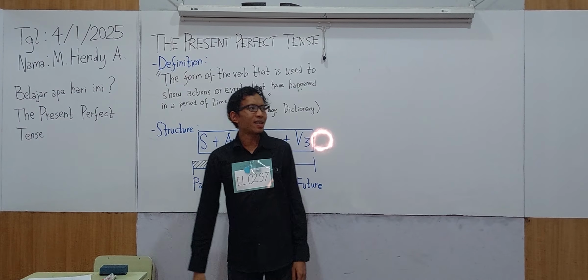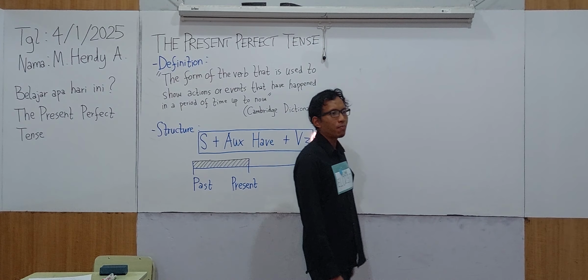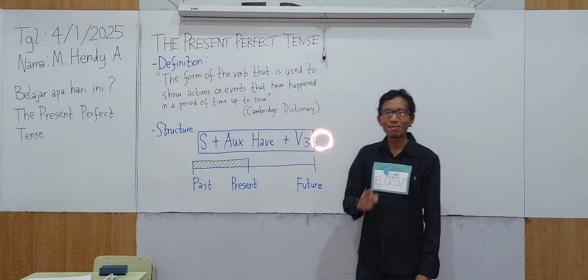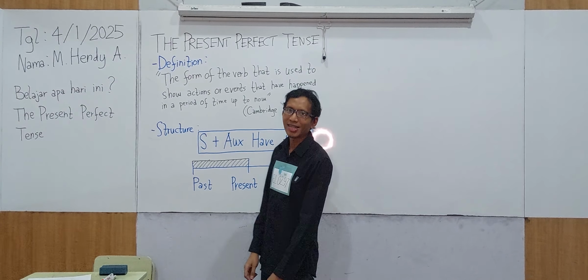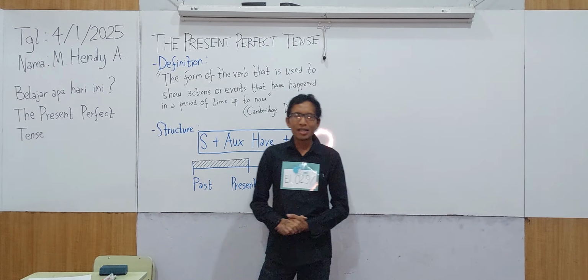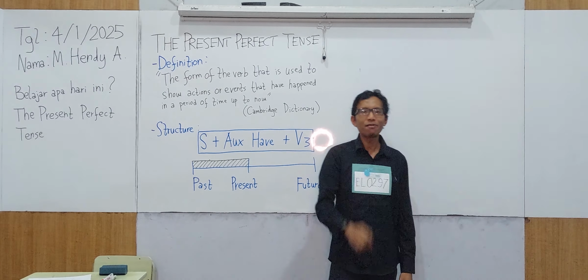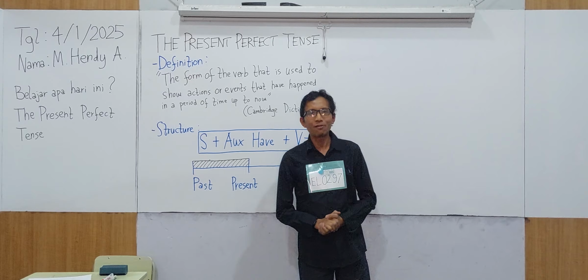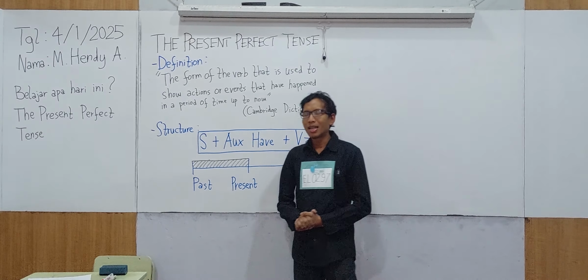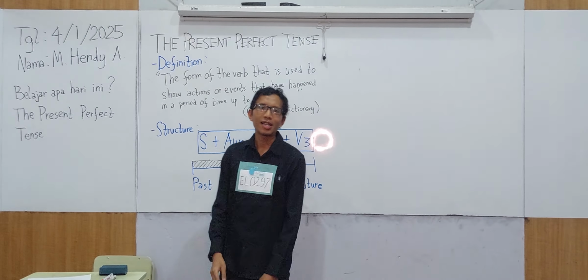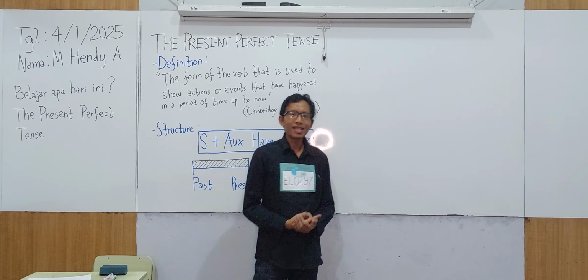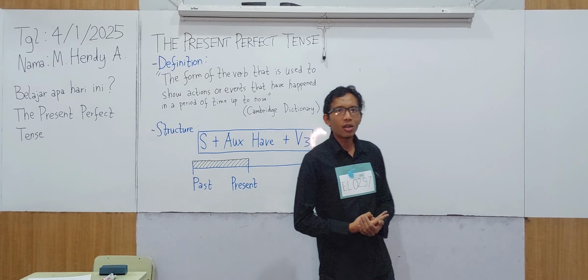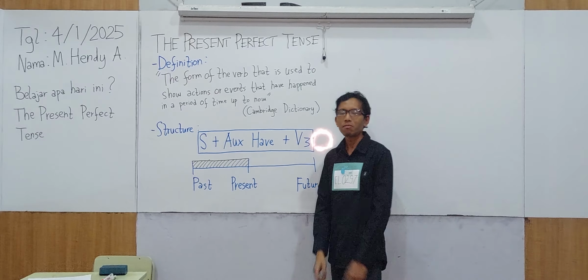Now, in some cases, you might find people use this tense interchangeably with another type of tense, namely the simple past tense. But there's a difference. A simple past sentence usually has an adverb or adverbial phrase indicating the past, such as yesterday, a week ago, or 2 months ago.